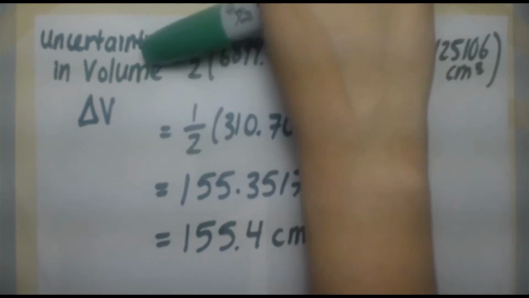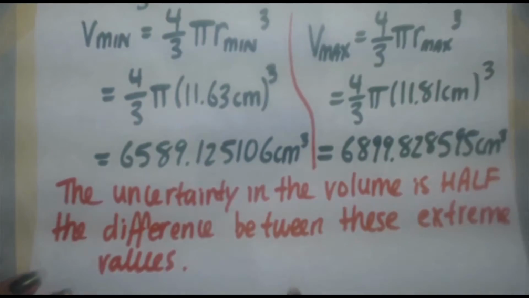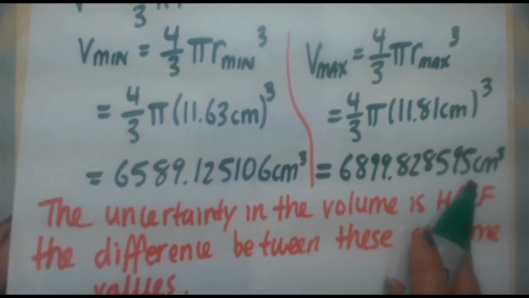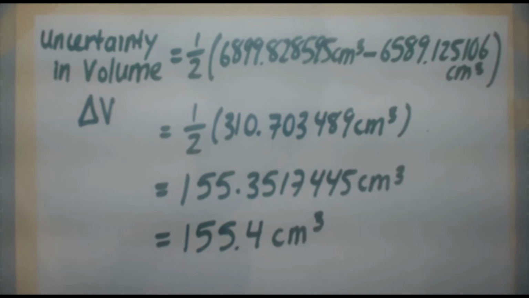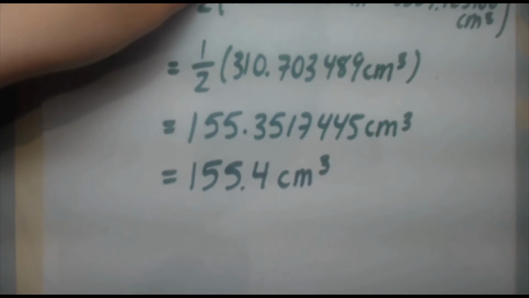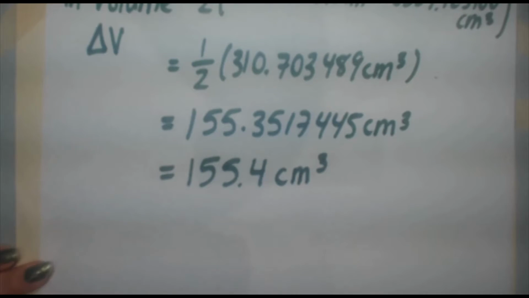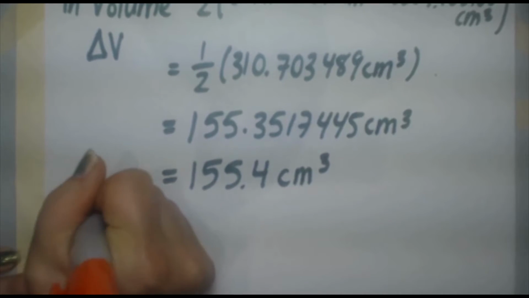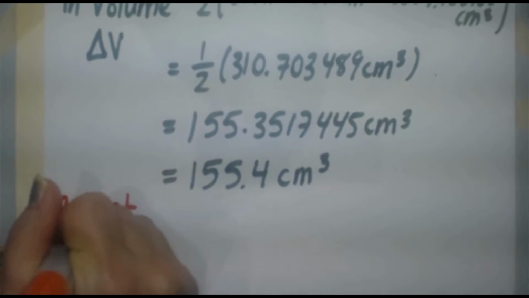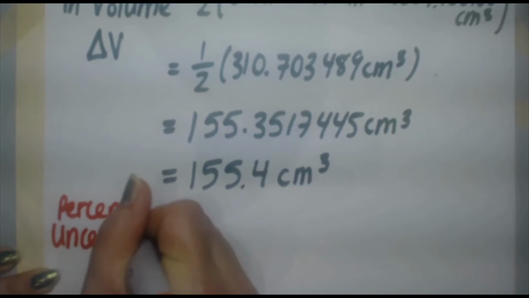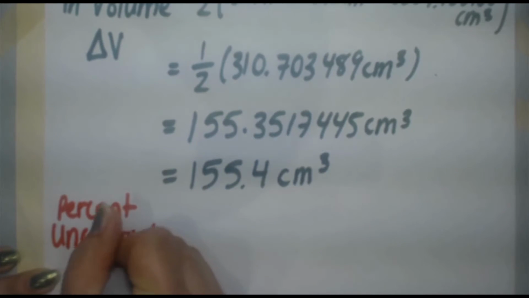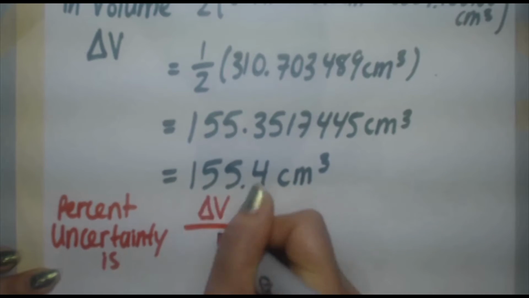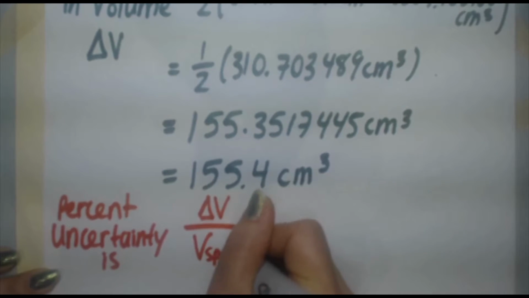Remember we found the actual values for the volume: you've got V min and you've got V max. Therefore the percent uncertainty is delta V over the volume specified.